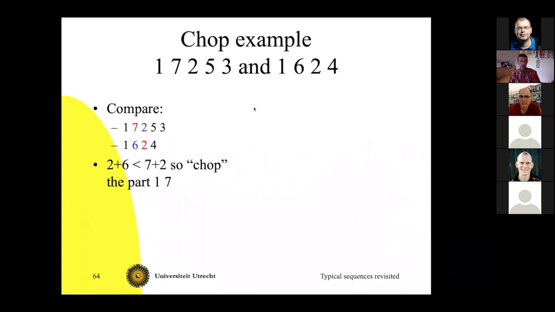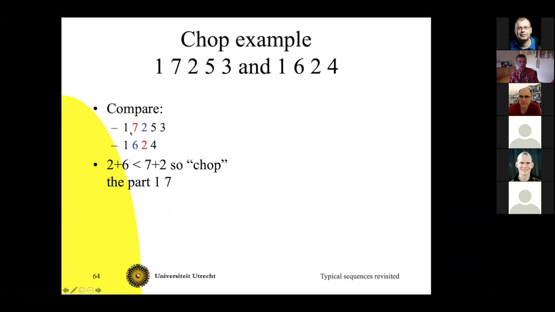So we know that at some point we have to either get the sum of 7 and 2, the second element of the first and the third element of the second, or the third element of the first and the second element of the second. We look at which of these sums is the largest, and the one which is the largest we get away from, we basically resolve. And so we chop the 1, 7 part, because we don't want to get this 9.